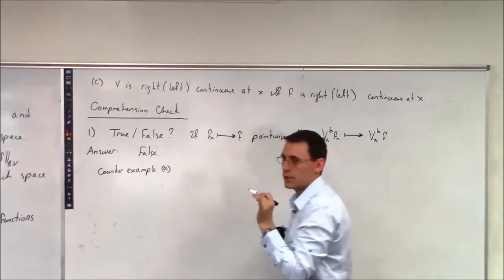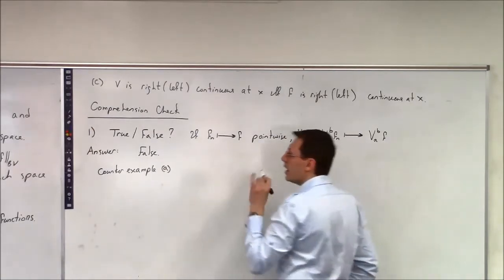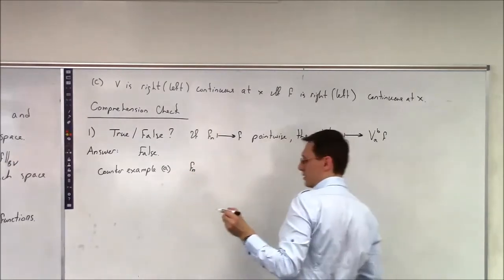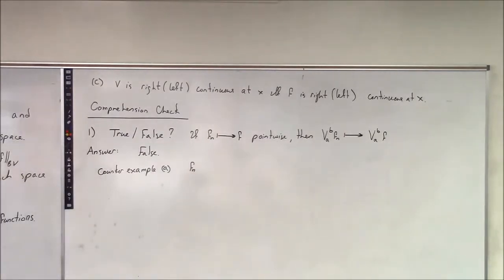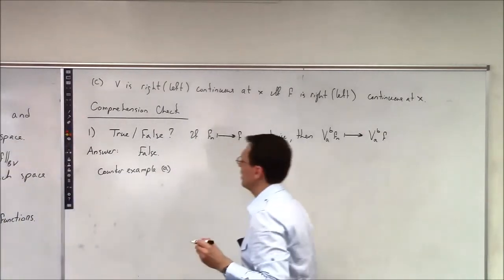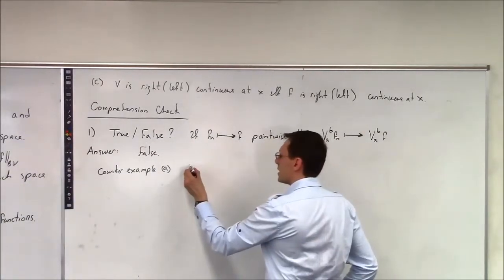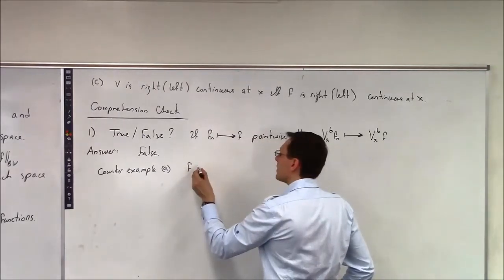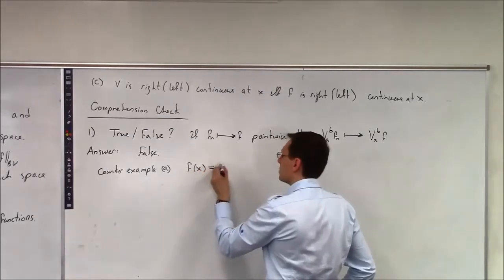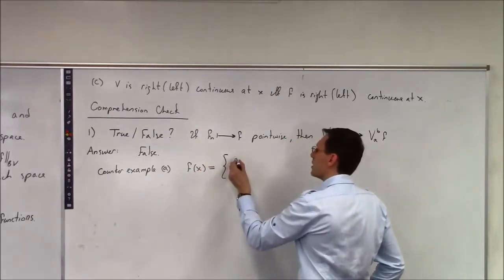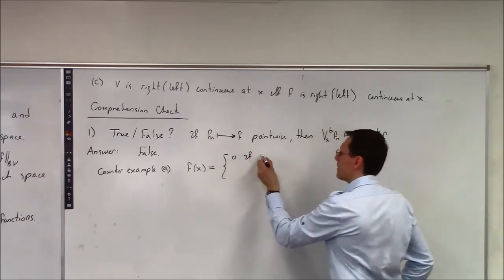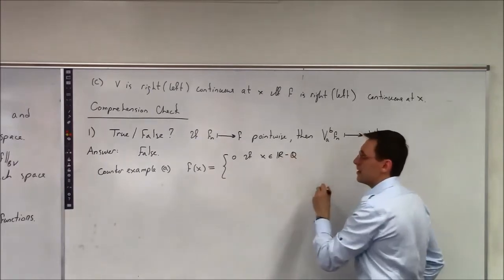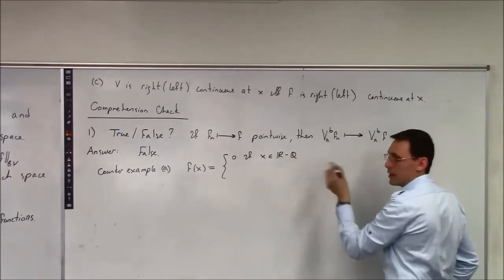Yes, because we're not dealing with continuous functions, so what I said does not apply. Counterexample A. Let's say f of x is equal to 0 if x is an irrational number, on, let's say, AB.